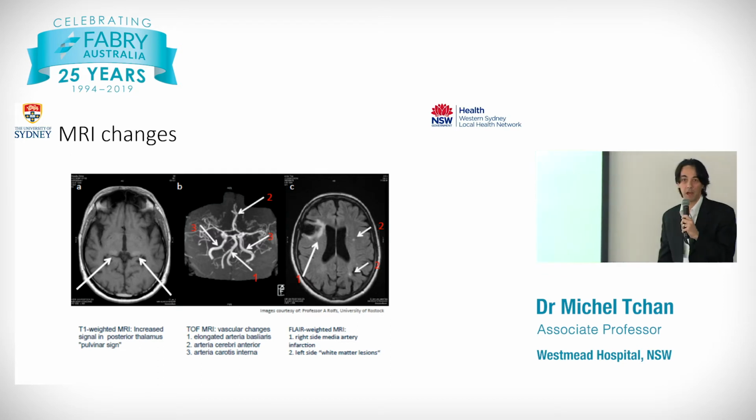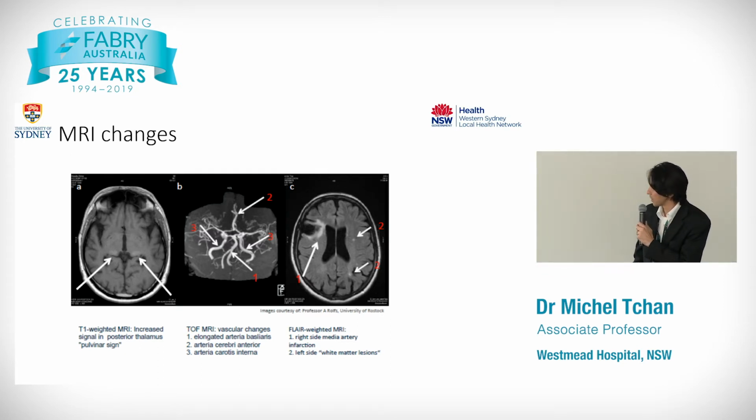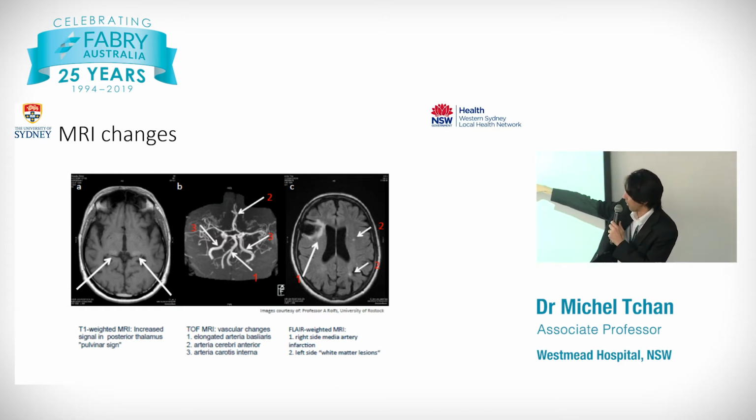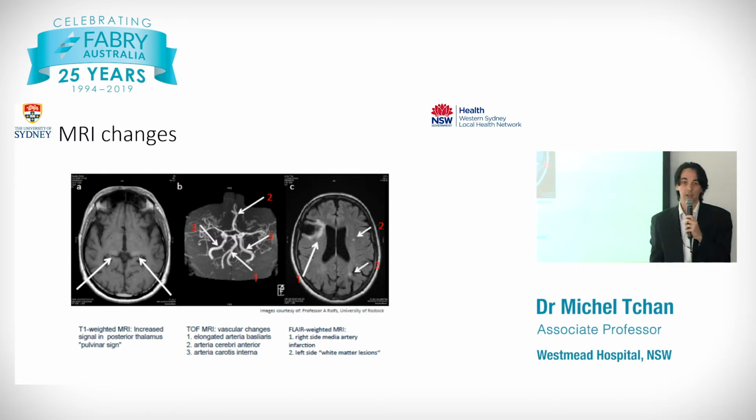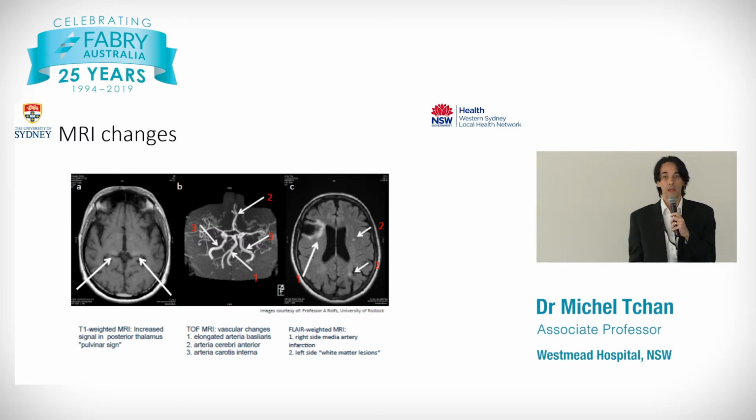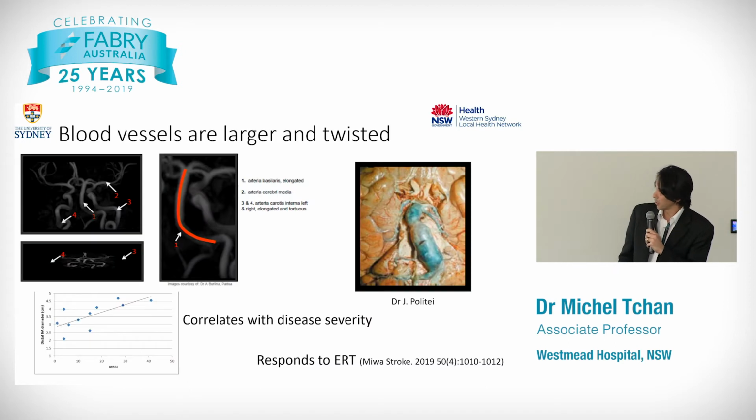That's where that little part of the brain has died. But we can also see little changes of what we call white matter lesions, which are little white spots in the brain here and here. They don't immediately necessarily make any clinical difference to a person, but we can certainly see those white spots on brain scans.